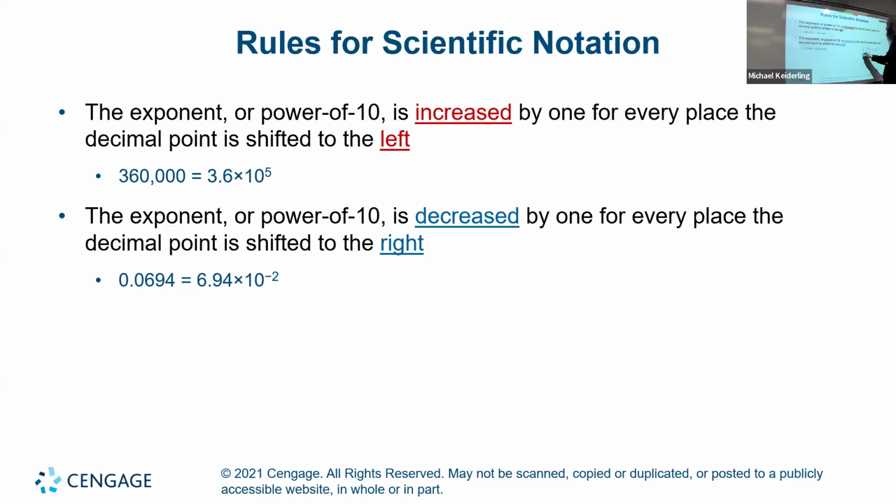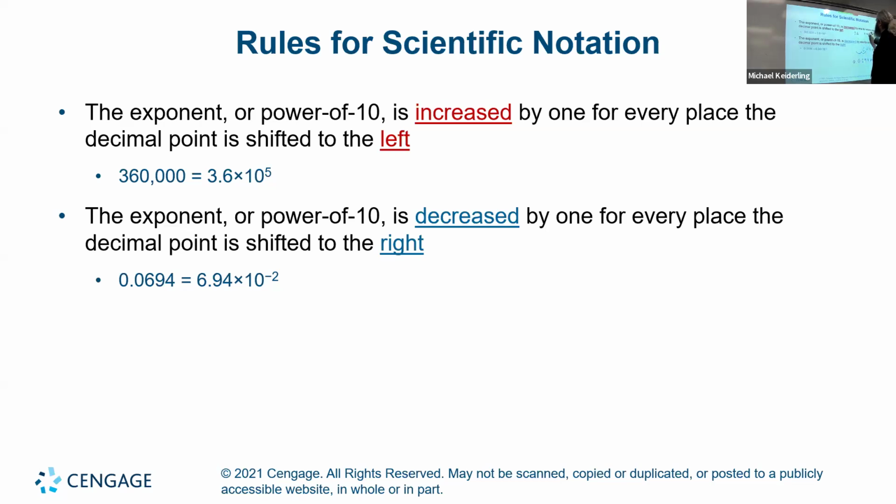So I'll move the decimal place 1, 2 places to the left, and I get 0.0694 times 10 to the 0, which I can ignore, because 10 to the 0 is just 1. Anything to the 0 power is 1.